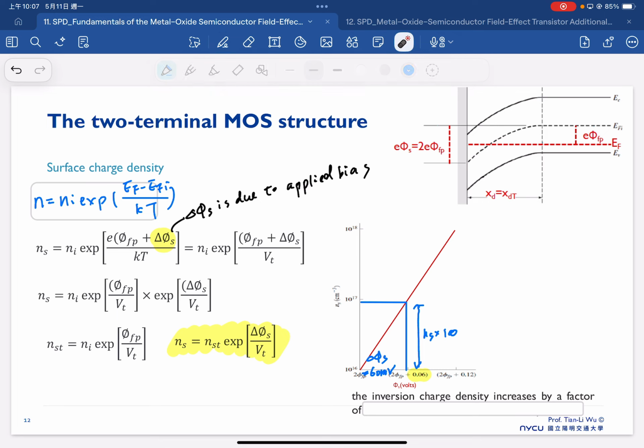So the inversion charge density increases by a factor of 10 with a 60 millivolt increase of phi S.